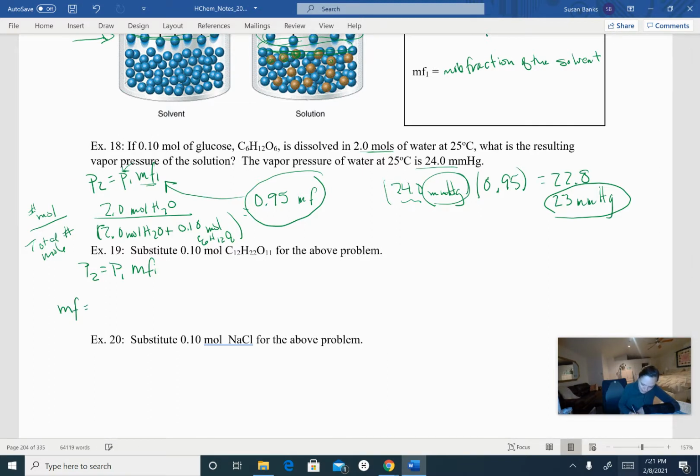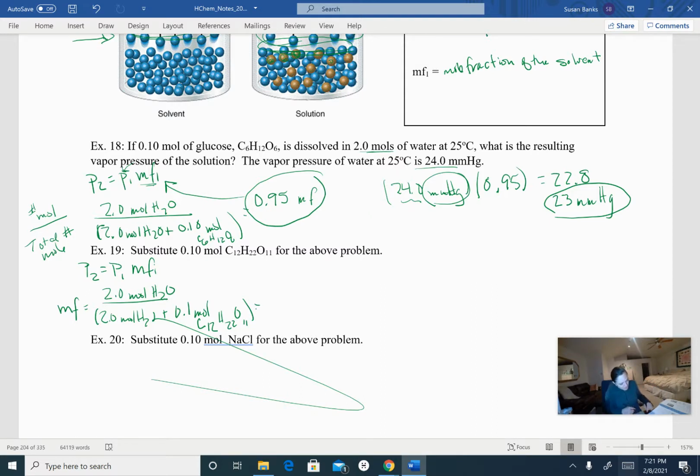So we're going to have still 2 moles of water, and then total moles, we have the 2 moles of water and now I have 0.1 moles of sucrose, C12H22O11.